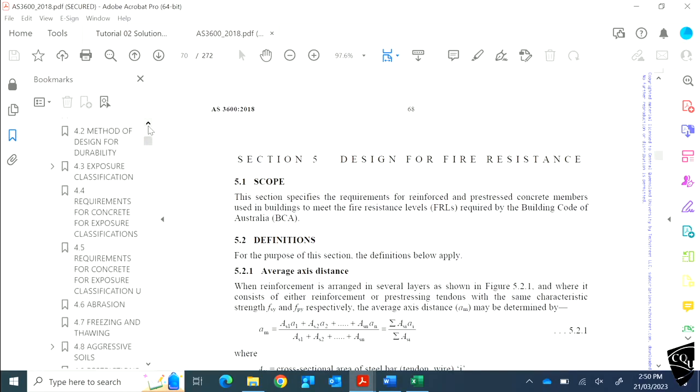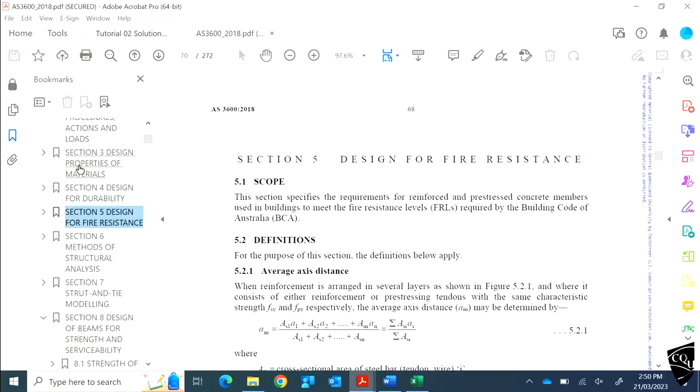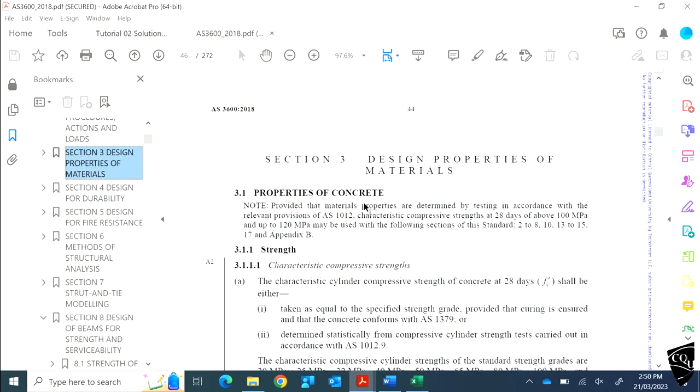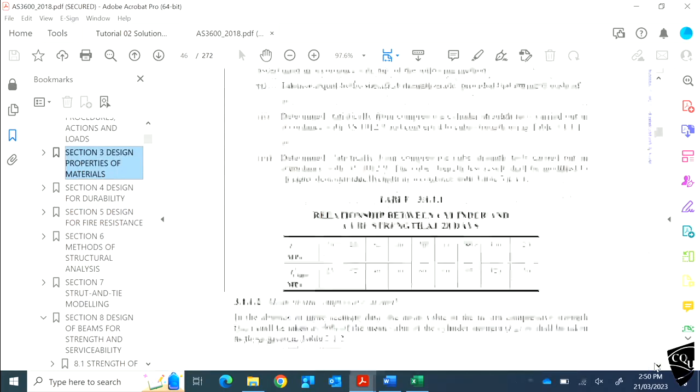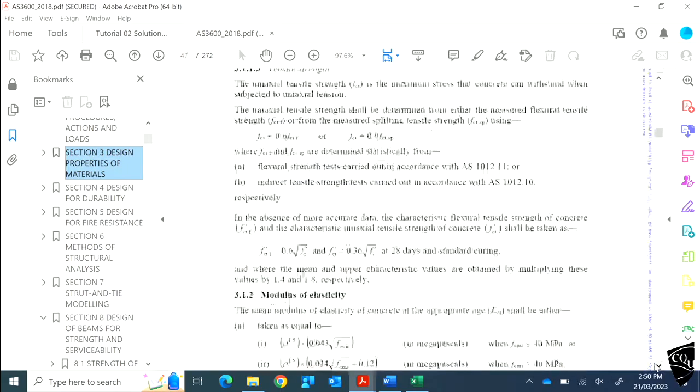If you go here, you can see the flexural tensile strength of the concrete is given by 0.6 times the square root of f'c. You should be able to get it from here. So you go back to section 8.